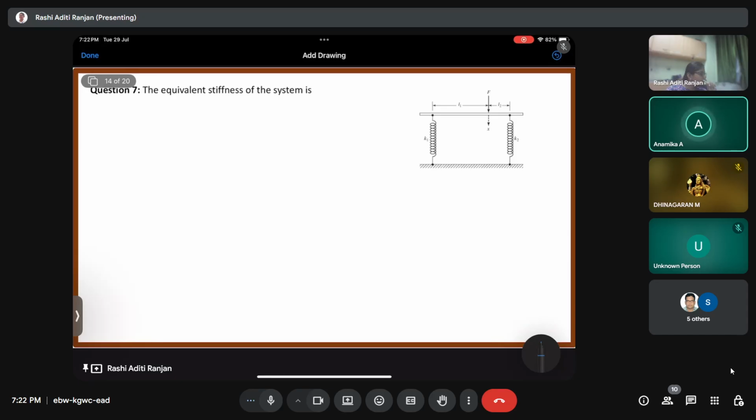The options were only initial displacement, only initial velocity, no initial displacement and velocity, both initial displacement and velocity. In this question, I got the answer as only initial displacement, but the correct answer was only initial velocity.